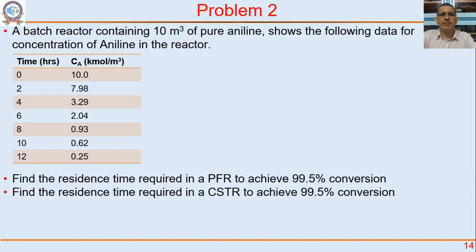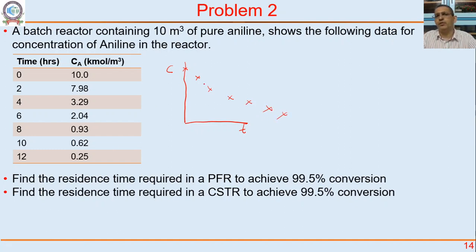So our 0 time means our initial concentration, right? So this is like a concentration versus time. Just to give you some hints, concentration versus time is like this: 0 time, after 2 hours, 4 hours, 6 hours, 8 hours, 10 hours, 12 hours, right?